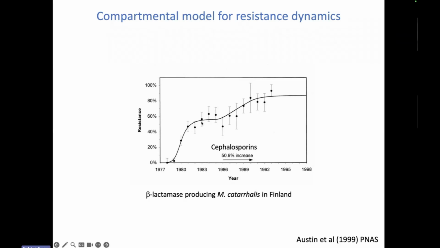In this case, you can see the line fits quite well with the data. In other words, the model is well calibrated to the data. It's capturing what really happens when you increase the usage: you see an increase in resistance, and that is a clear effect of the benefit of resistance.